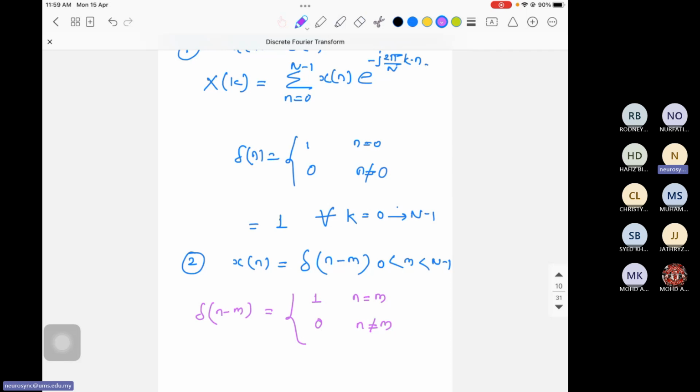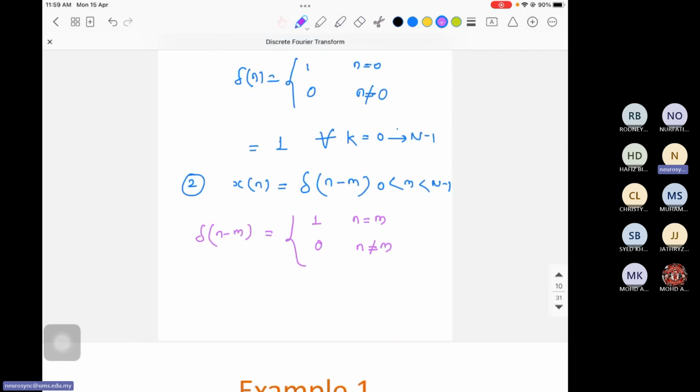So you have a value only at n equal to m. Now if I apply DFT for this sequence, capital X of k is equal to the summation from n equal to 0 to n minus 1 of delta n minus m e to the power minus j 2 pi by n, this is small k into small n.